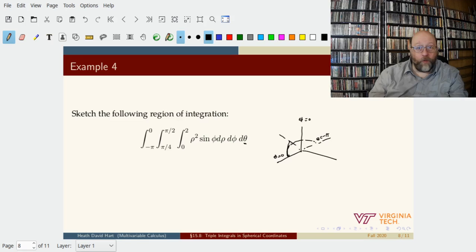So what we're doing is we're going 2 units out, 2 units out, and only along the back. I've sketched this, but this is a little hard to envision what's going on here. Maybe if I drew it from a different point of view.